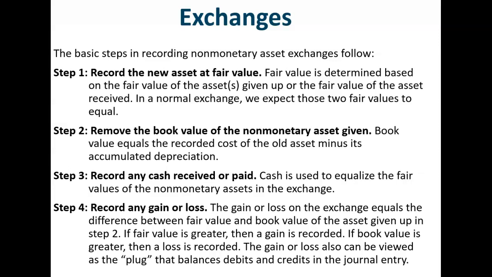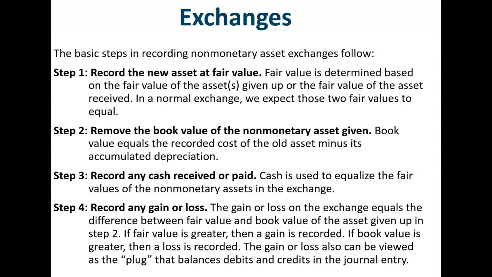Step 3. Record any cash received or paid. Cash is used to equalize the fair values of the non-monetary assets in the exchange. Step 4. Record any gain or loss. The gain or loss on the exchange equals the difference between the fair value and the book value of the asset given up.